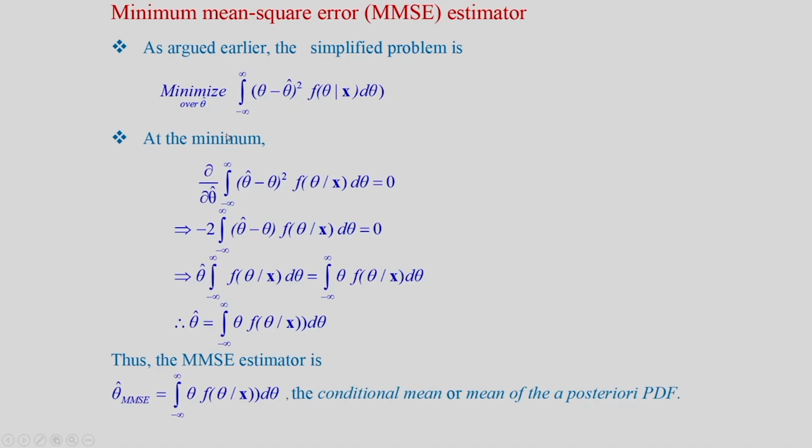At the minimum, we will take the partial derivative with respect to theta hat, del theta hat, of this expression, and it must be equal to 0. We can take this differentiation inside because these limits do not involve any theta hat term.